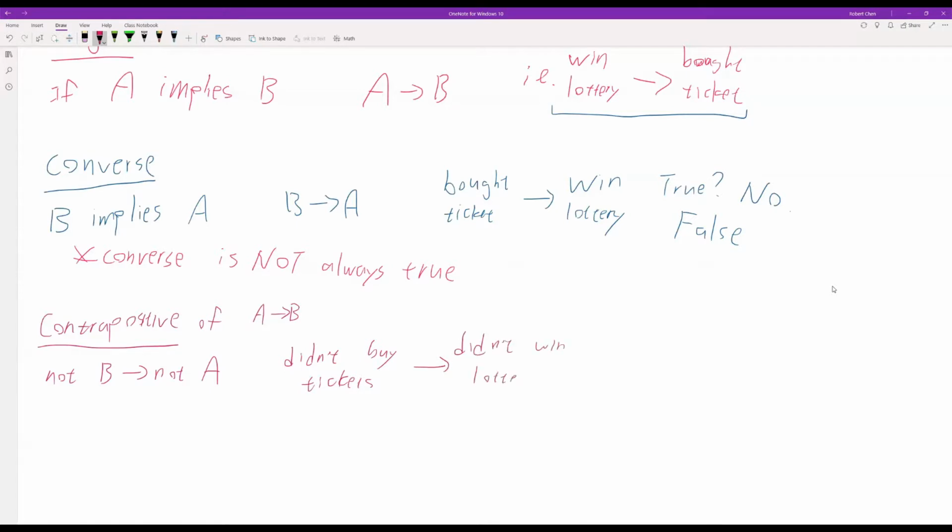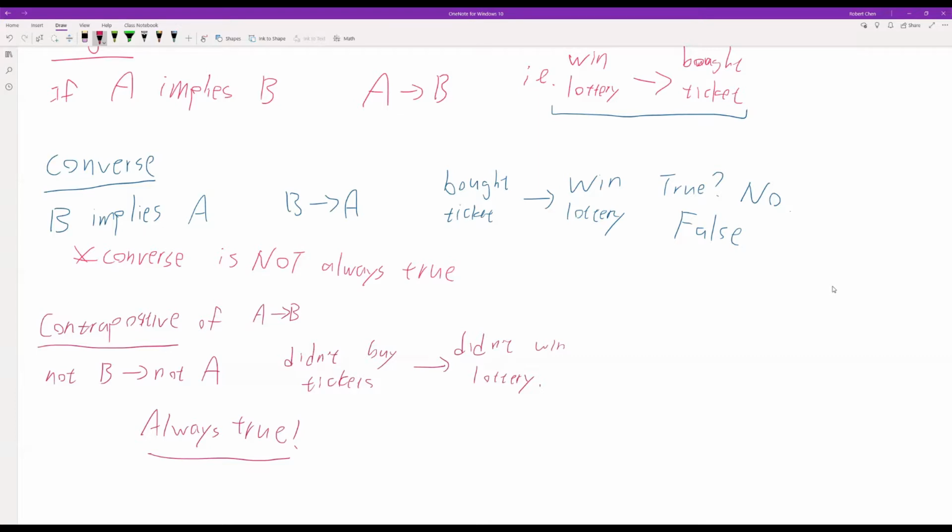I mean, that's obvious, right? If you win the lottery, that means you bought a ticket. If you didn't buy the ticket, that means you didn't win the lottery. Now, the contrapositive is always true, based on your original statement being true. So if A implies B, then not B will imply not A.